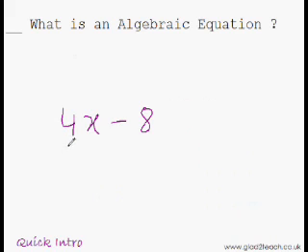See, this is an algebraic expression and you put its tail and it becomes an algebraic equation. I hope it's very clear now, the difference between the algebraic expression and the algebraic equation.